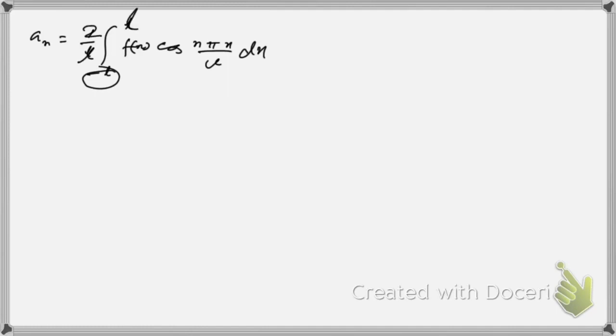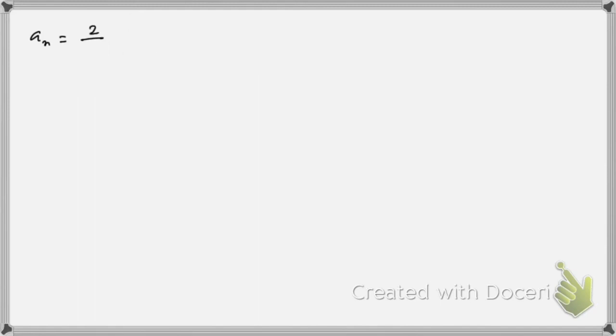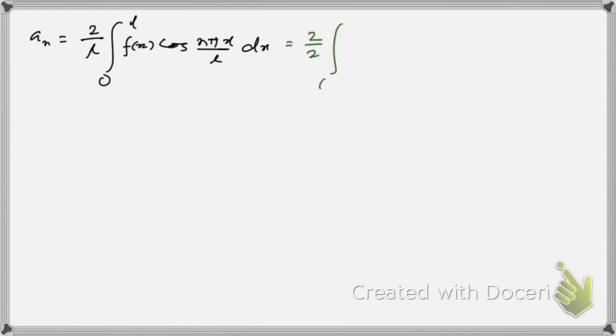So let me write here properly: 2 by l integration 0 to l f of x cos n pi x by l dx. Here the value of l is 2, so we're going to write 2 by 2, 0 to 2, f of x is x square minus 2, and cos n pi x by 2 dx.